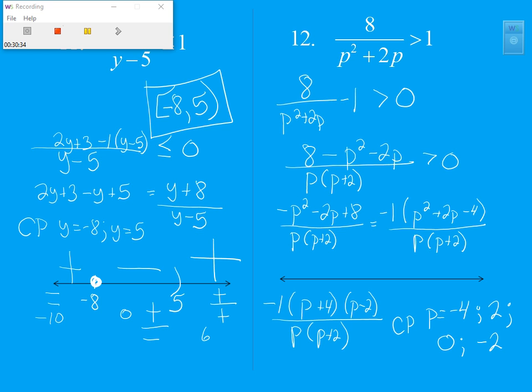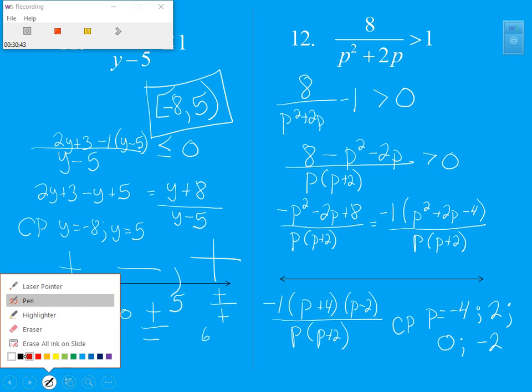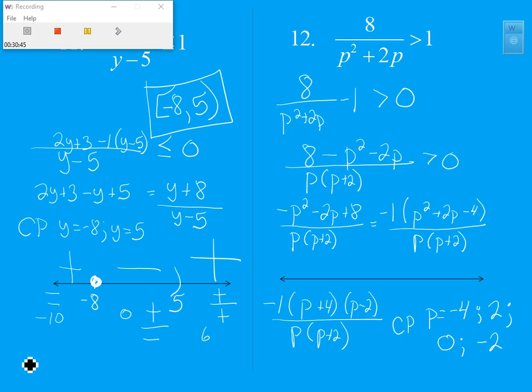So when I put them on my number line, I need negative 4, negative 2, 0 and 2. And then we got to just play the number line game down on here. So I'm going to pick 3.